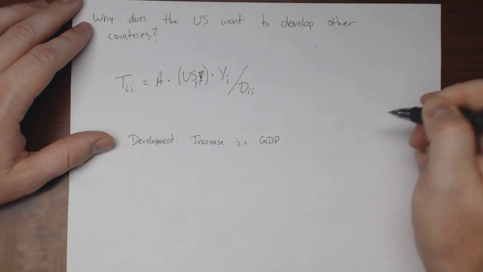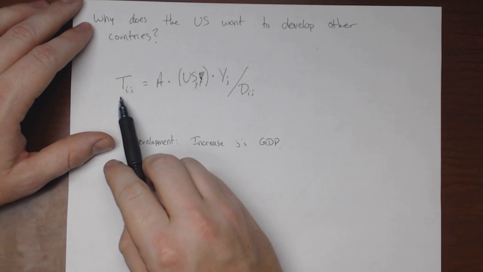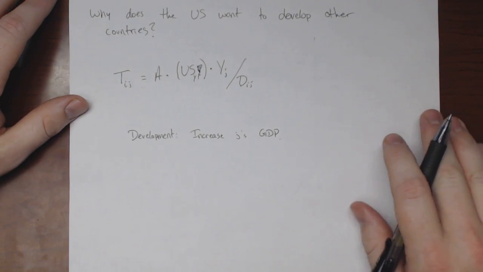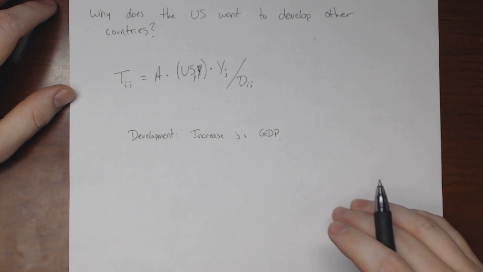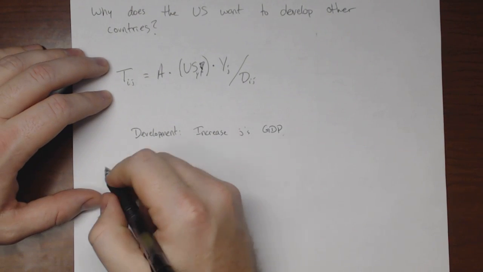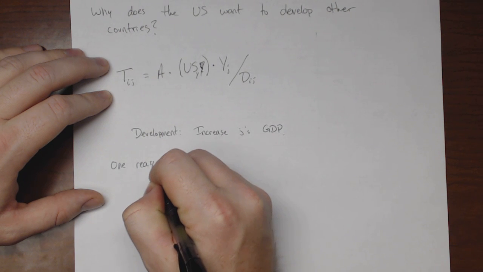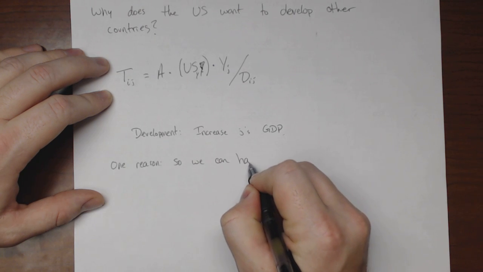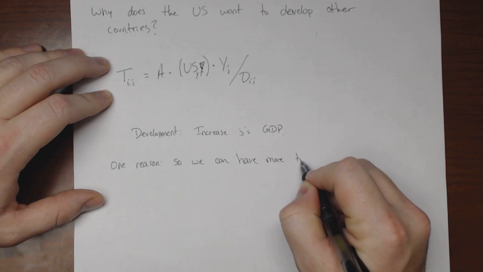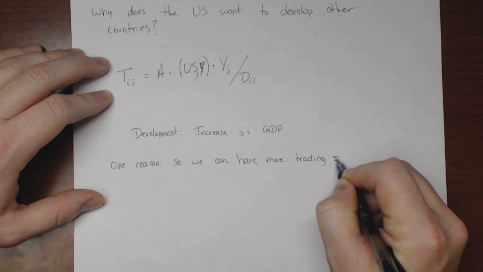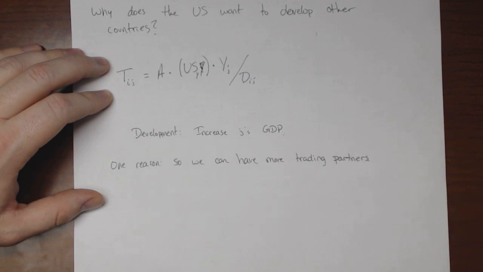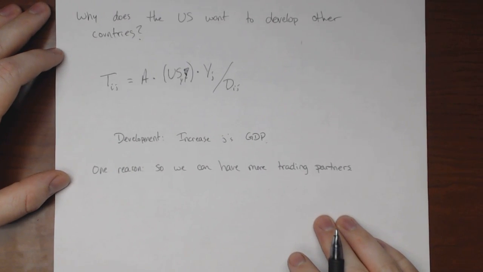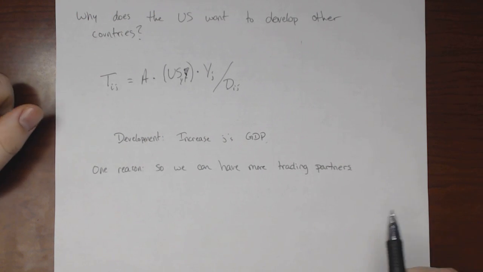If country J's GDP increases, then the volume of trade between the U.S. and country J increases, which makes us wealthier because now we have another trade partner. So one reason is so that we can have more trading partners. That would be one potential reason why the U.S. would want to help develop other countries.